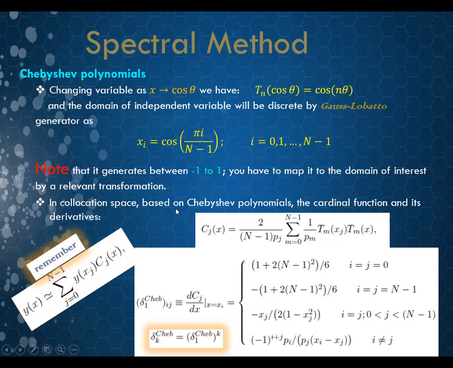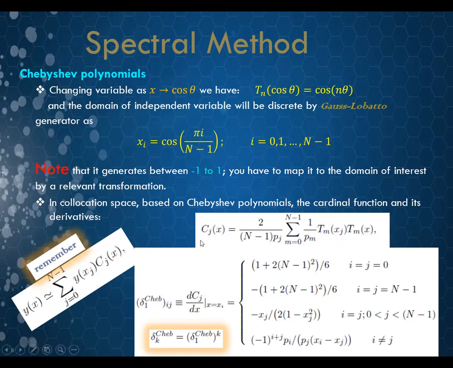And in collocation space, based on Chebyshev polynomials, the cardinal function, remember this form, is defined as this. Derivation of this and calculating this derivative is mentioned in the first reference I mentioned at the start of the talk, I mean the book by Boyd.